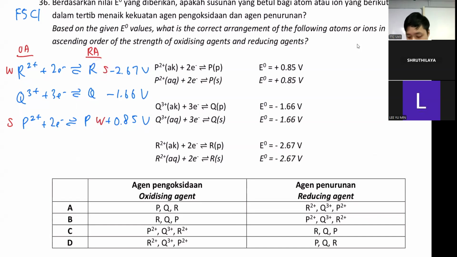So they ask to arrange in what? Arrange the strength in ascending order. Ascending order here means weakest to strongest. So for oxidizing agent, which one is weakest? R2 plus, Q3 plus, then P2 plus.